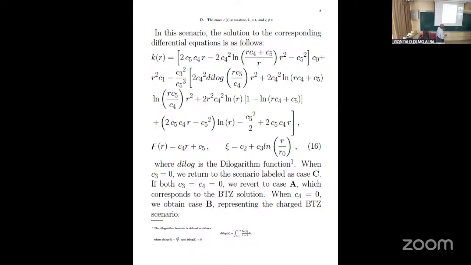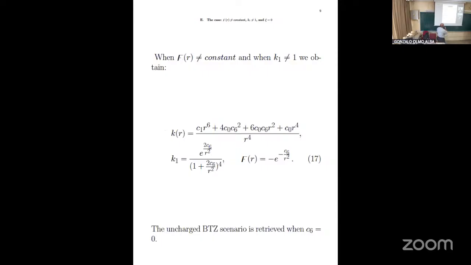So our last case is the general case where we take f not equal to constant, k1 not equal to 1, xi not equal to 0. This is the general case. Okay, where f is not equal to constant and k1 is not equal to 1.